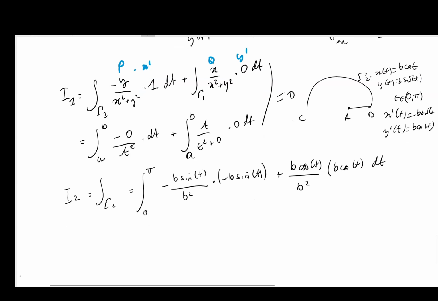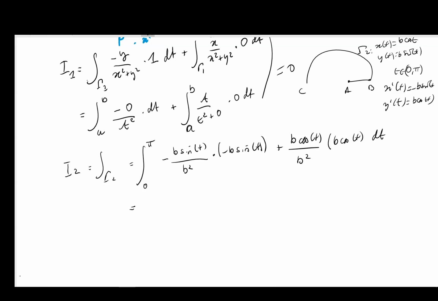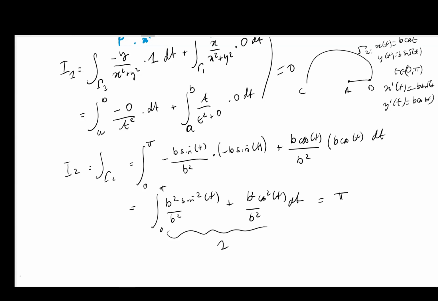Now I can compute this integral. I get b squared sine squared of t divided by b squared, integral from 0 to pi, plus b squared cos squared of t divided by b squared dt. So in the end this is really the function 1 on 0 to pi, so that is equal to pi, this I2 piece of my curve integral.